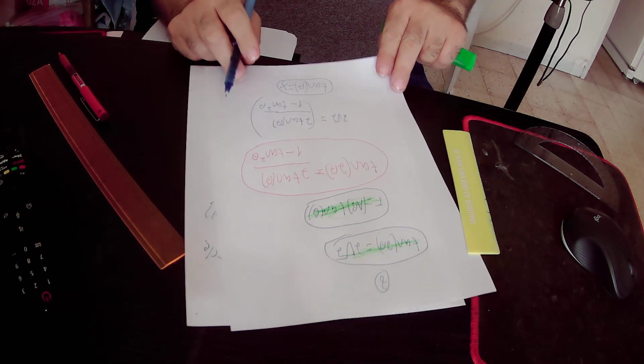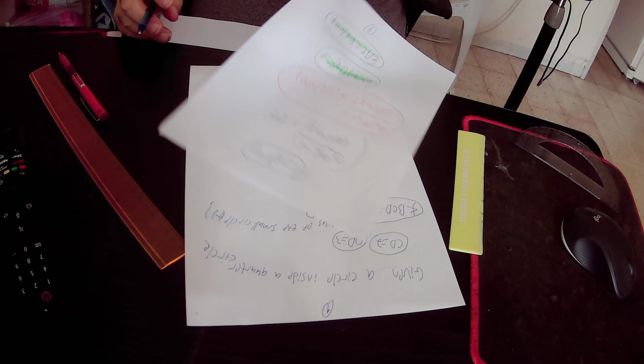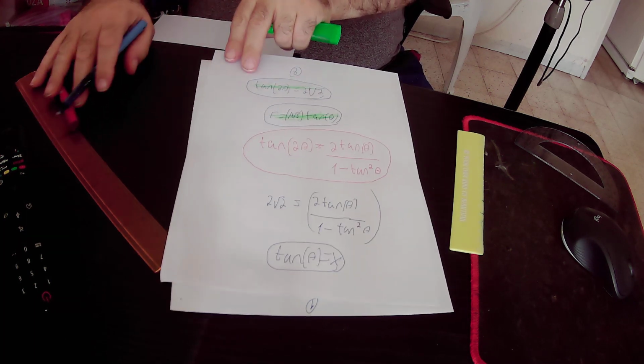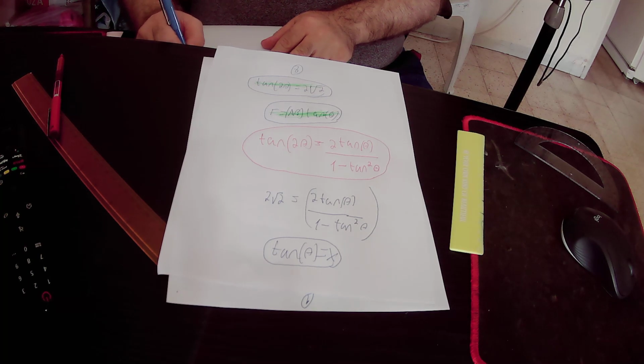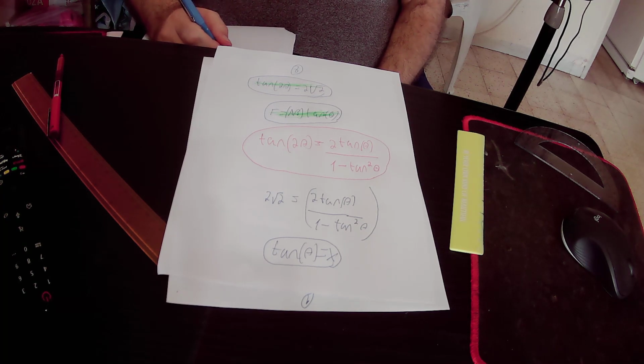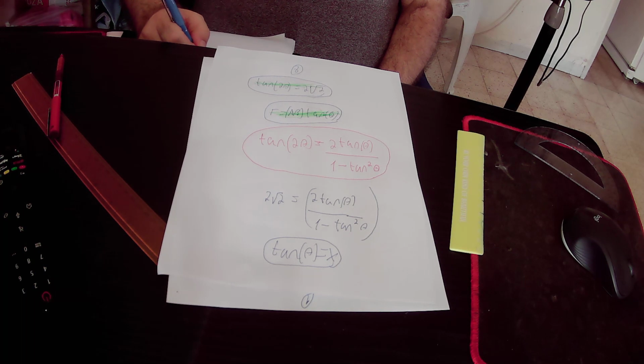Okay, we will get that 2 tangent theta is 2x, because tangent theta equals x, over 1 minus tangent square theta, which will be equal to x squared, all equals 2 times root 2.